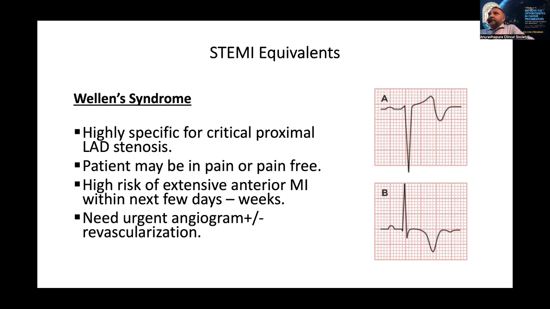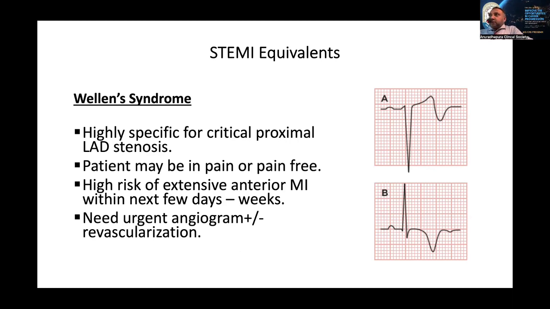This is the Wellens pattern of ECG, because during my last on-call I saw about 3 cases where this pattern was missed. They came with chest pain, sometimes atypical, were given a bit of aspirin and sent home, and the following day came back with ongoing pain.